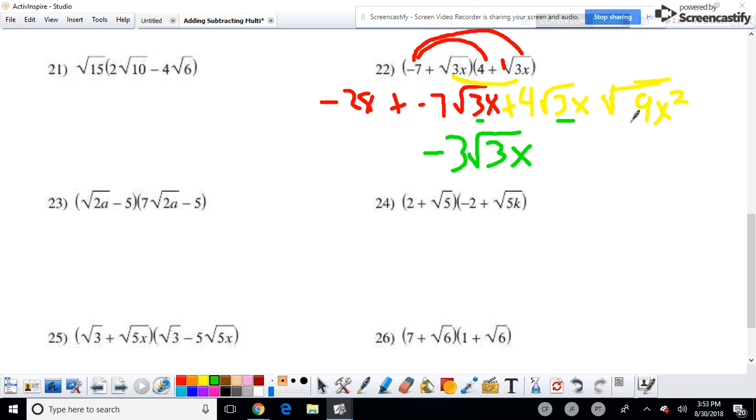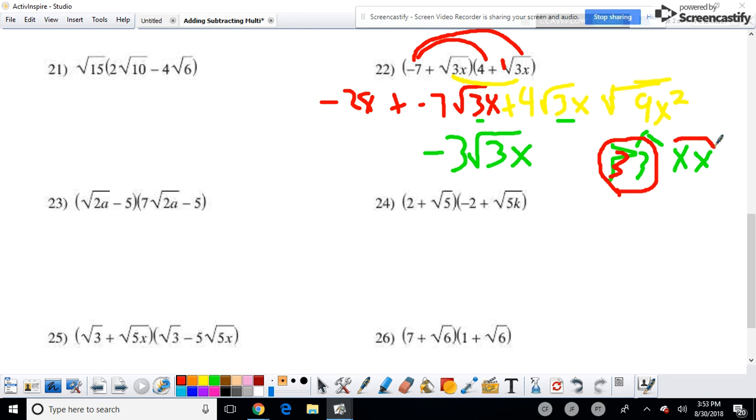Oh, but something special going on here. So we know that this can be broken down into basically the square root of 9. Well, let's do it like this: 3 times 3 and x times x, right? So these 3's are paired together. I'm sorry about my writing, y'all. That should be a 3.